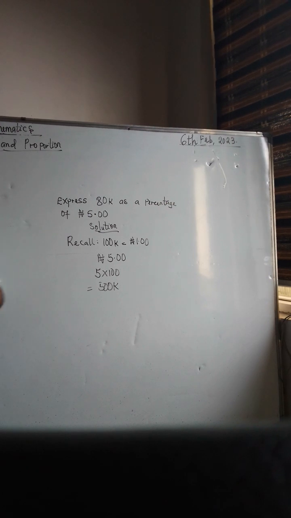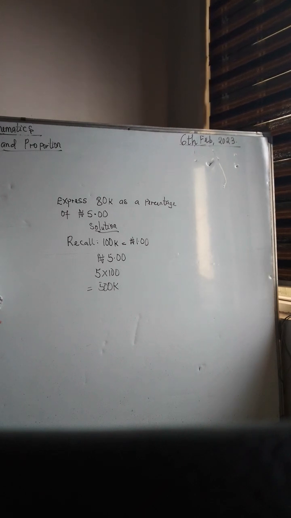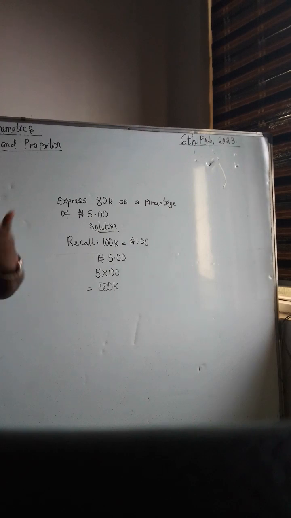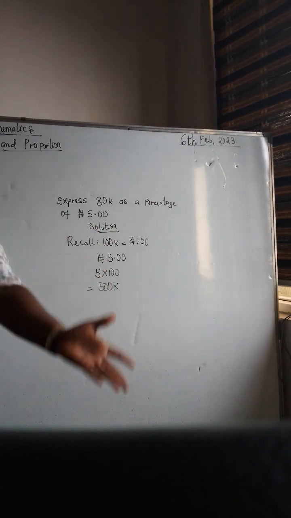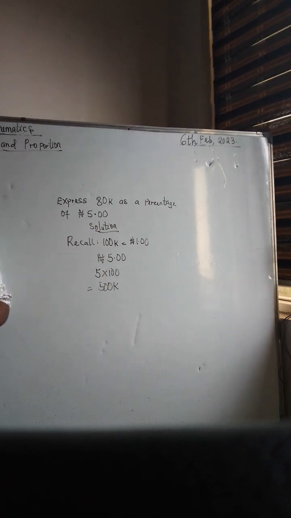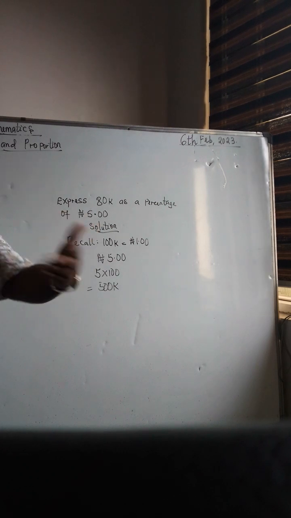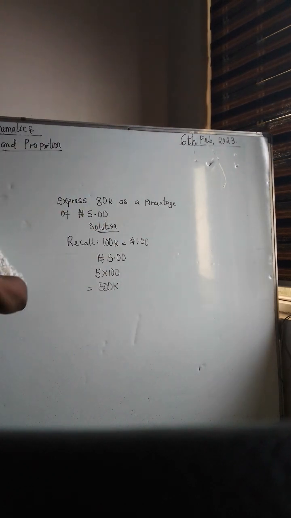But you have to listen attentively at this point so that you don't confuse yourself unnecessarily. If you're asked to express as a percentage, that is the same thing as saying what is it in percentage. And if you're converting to percentage, the operation is multiplying by 100.